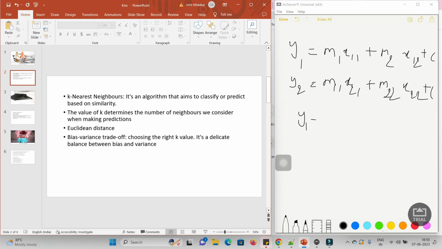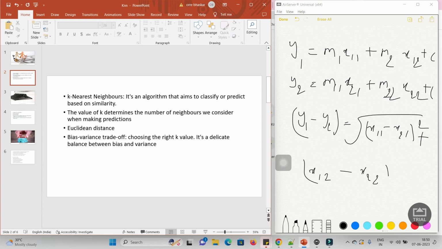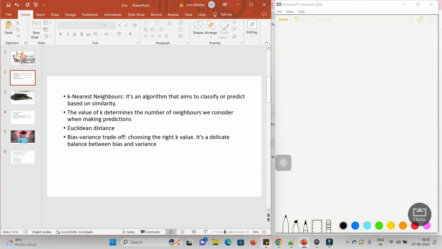Distance between y1 and y2 is nothing but sigma (x11 minus x21) whole square plus (x12 minus x22) whole square. As we have two features, we get our Euclidean distance as this one. So this will be our distance. This will be our Euclidean distance.